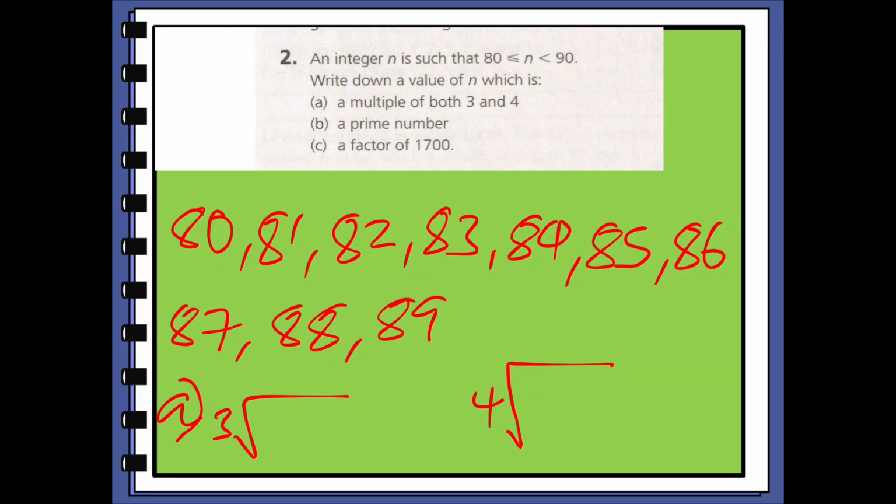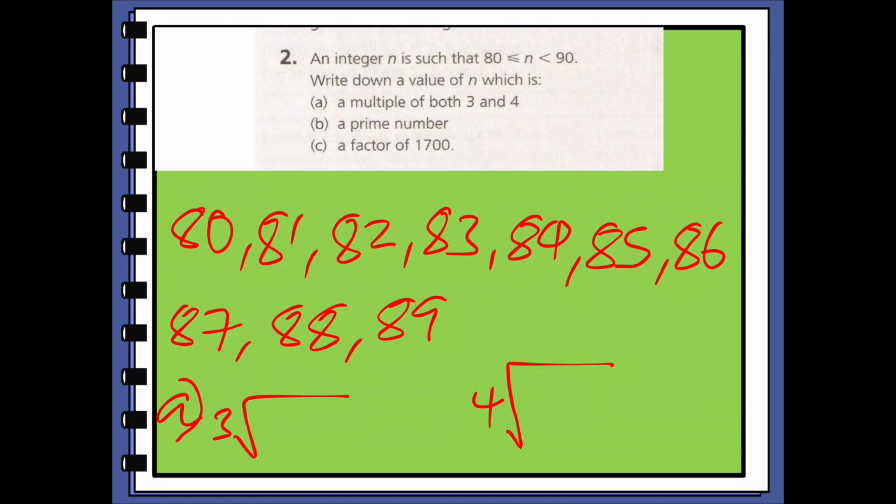So looking at this list of numbers from 80 to 89, let's try 85. 3 into 8, it's 2, remainder 2, and 3 into 25, it can't. Okay, so 85, no.